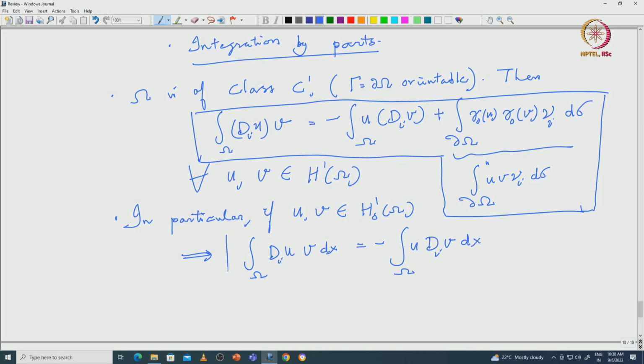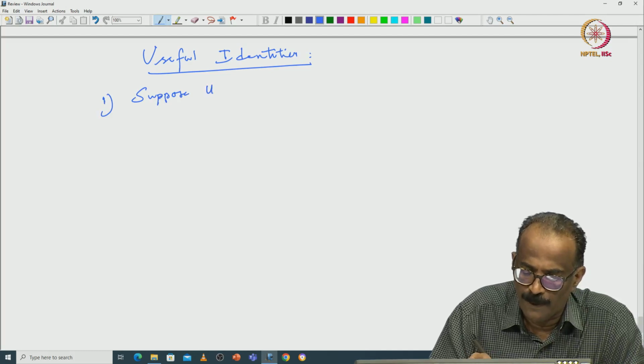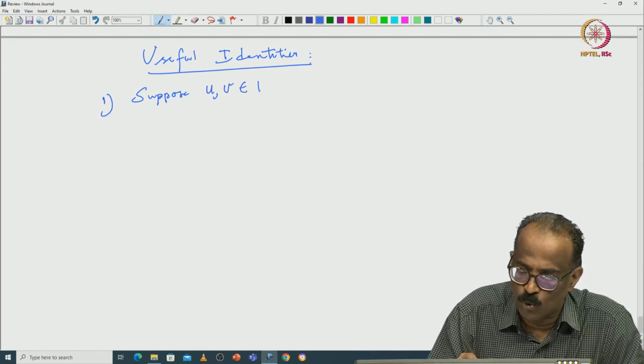So, all these formulas we will again be using plenty. Maybe some useful identities derived from these, and these identities we are again going to use straight away. So, suppose u, v is in H^2.